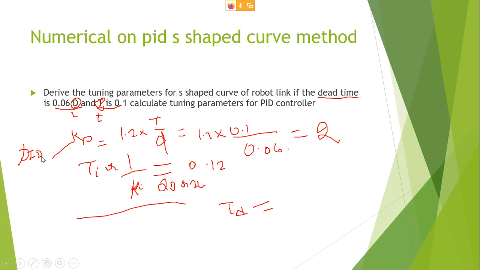What is the value? 0.5 into L, which is 0.1, gives 0.05.